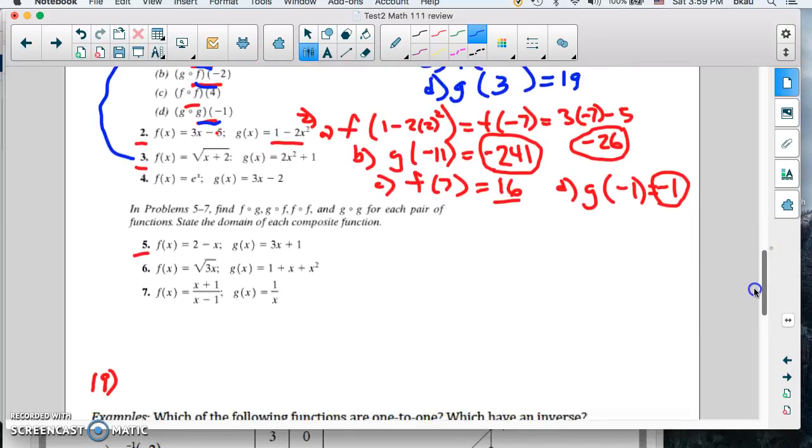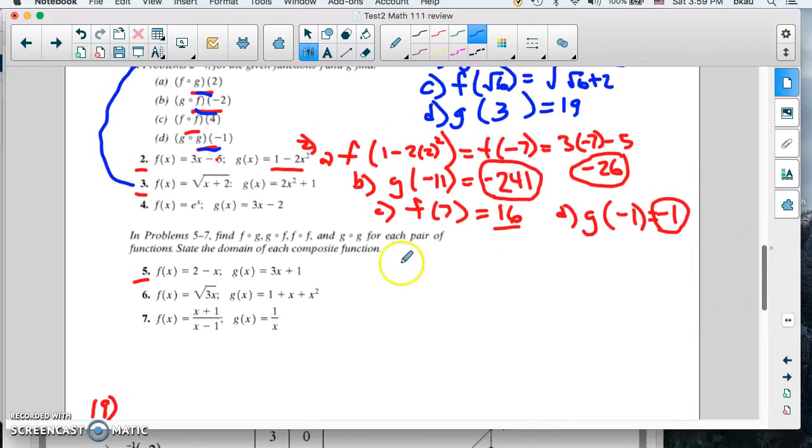All right. The last thing here, it says find the actual functions as they're composited together. So f of g of x, which is the same as f circle g, is where we take g and we put it into f. So we take this and we put it in there. So it's going to be 2 minus 3x plus 1.